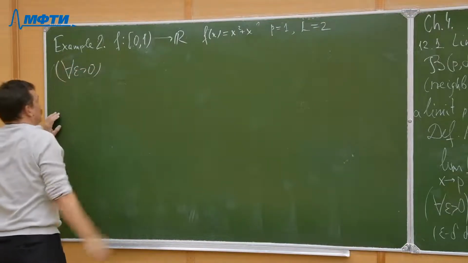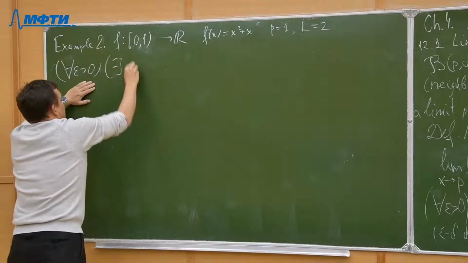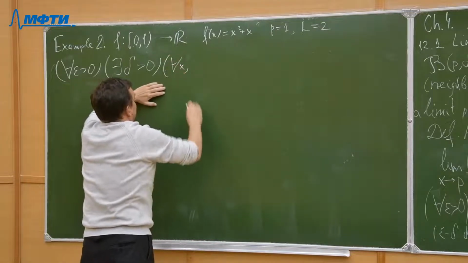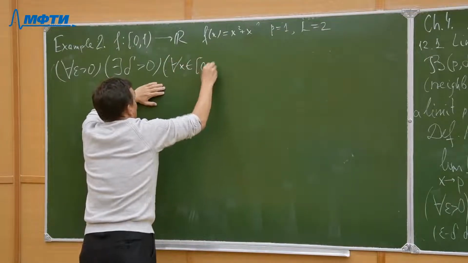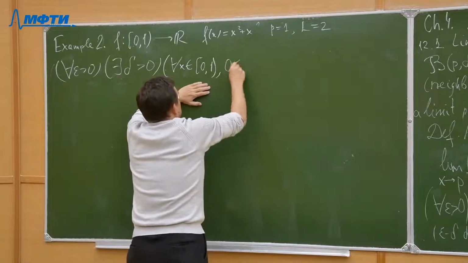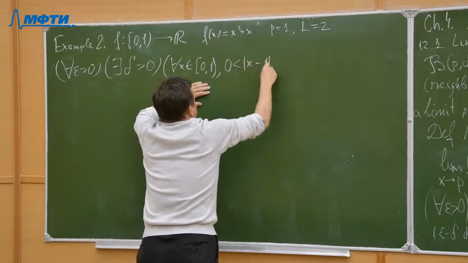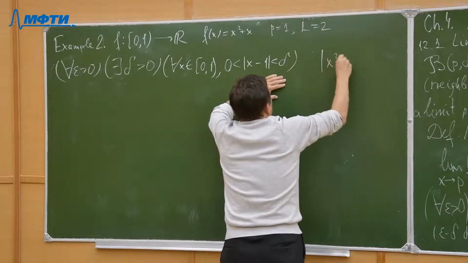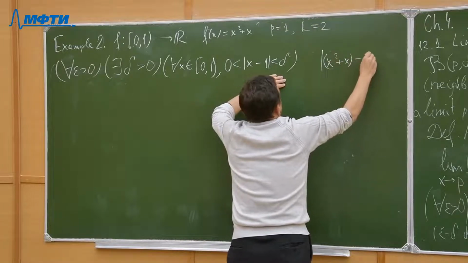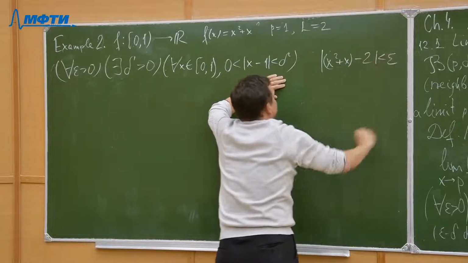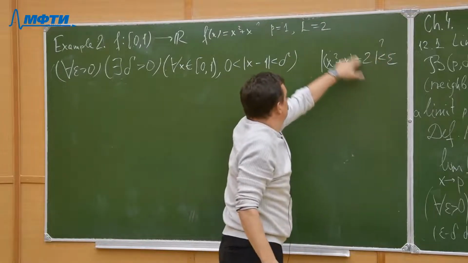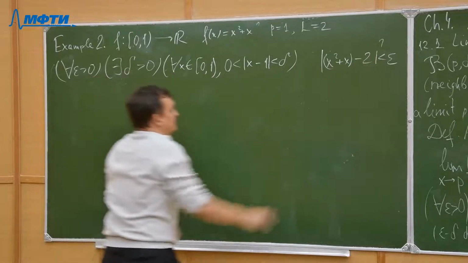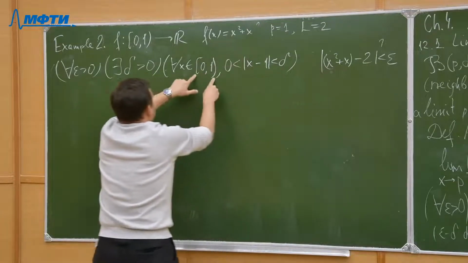For arbitrary epsilon greater than 0, there exists delta greater than 0 such that for all x in (0, 1] such that 0 less than modulo x minus 1 less than delta, we should obtain this estimate. That is, so here capital L, here P. And that is our function f, and here g.